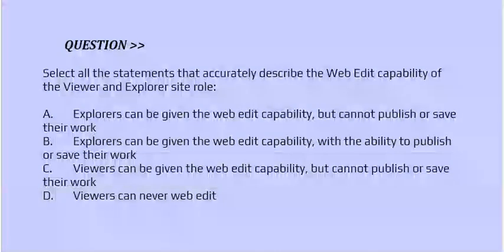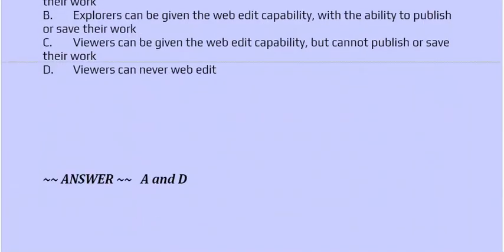Option B. Explorers can be given the web edit capability with the ability to publish or save their work. Option C. Viewers can be given the web edit capability but cannot publish or save their work. Option D. Viewers can never web edit. Correct answer is option A and option D.